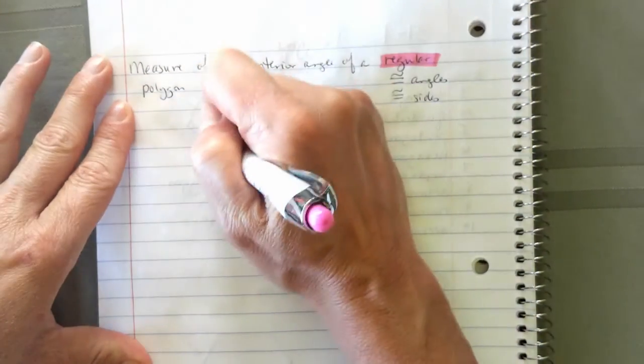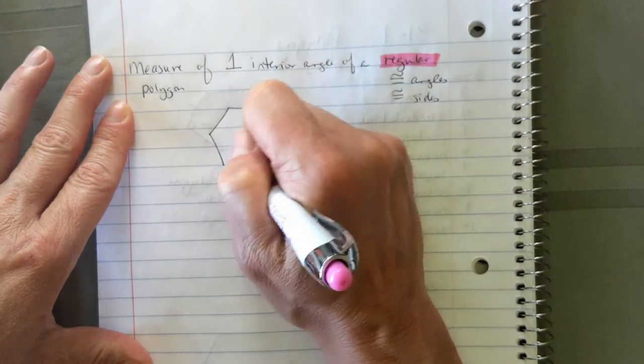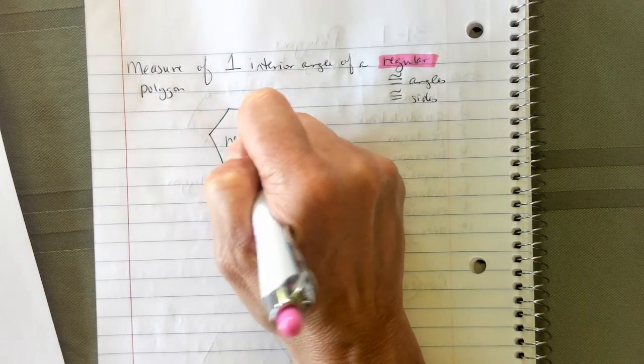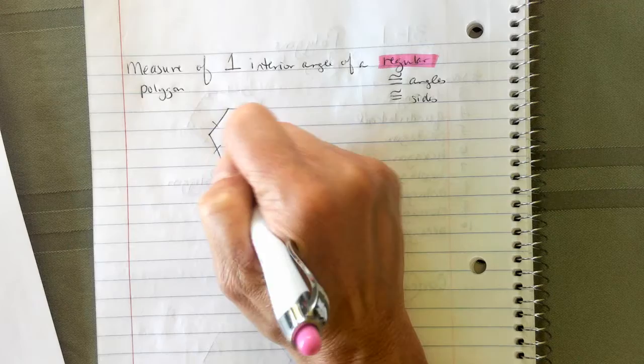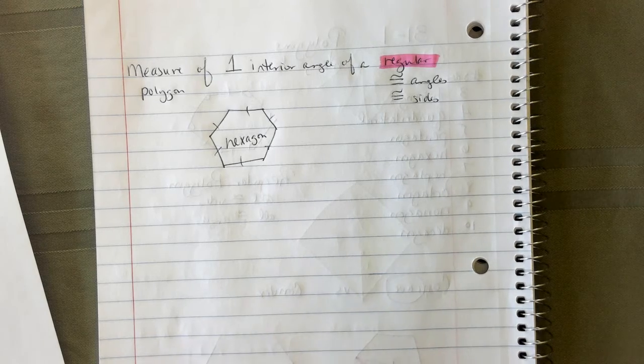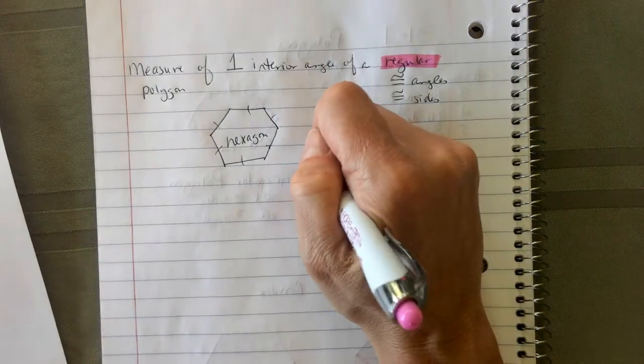So I'm going to go back and draw my bad hexagon. So this guy's a hexagon. I need you to pretend that it's regular so all the sides are the same. So let's find the measure of one interior angle. Well, first I got to find all the interior angles.